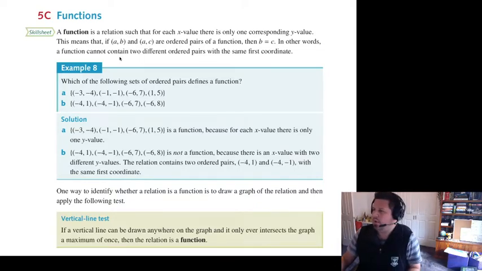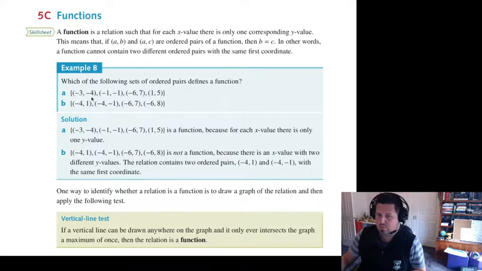In worked example number 18, it's asking which of these sets of ordered pairs are functions. You're looking to see that any coordinates with the same x coordinate need to have the same y coordinate.